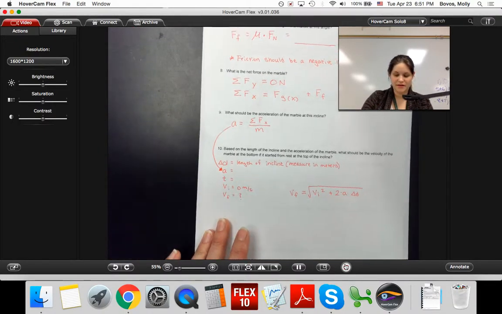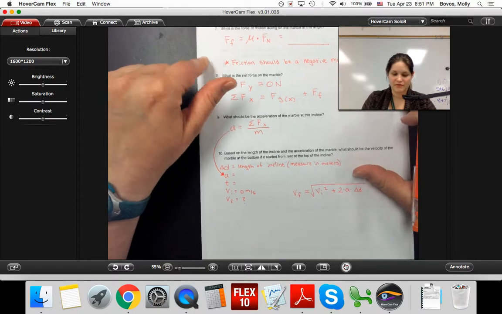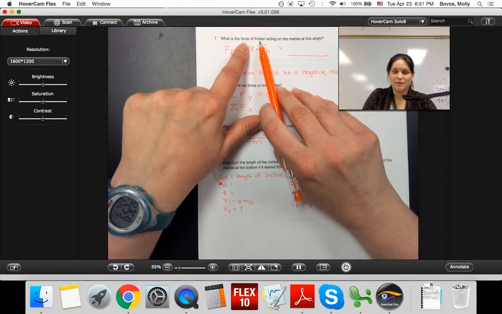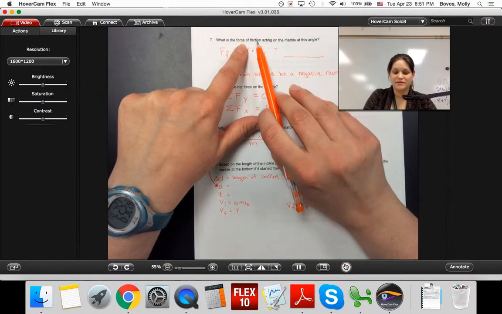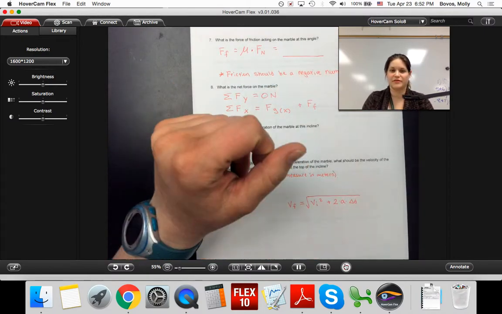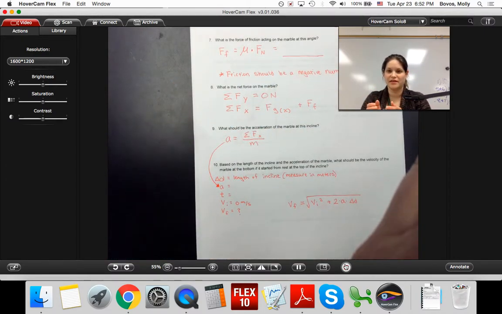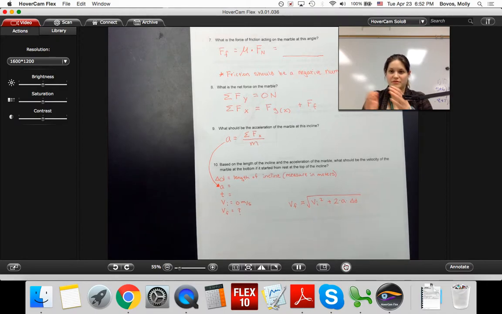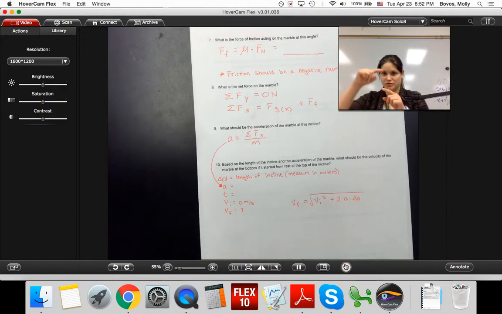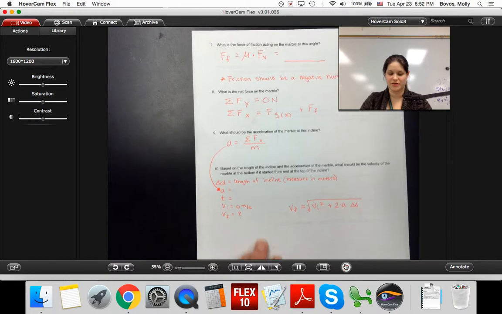All right, next, when we're calculating the force of friction, we've learned in the past we had a lot of situations where the object was at rest on the incline, and so force of friction was balancing our force due to gravity in the x direction.